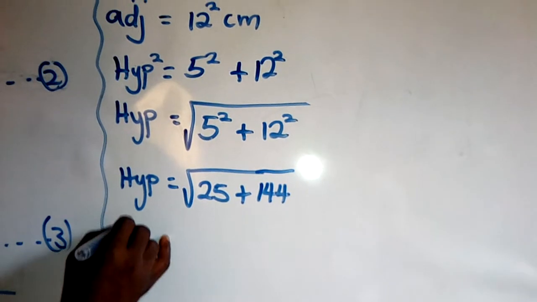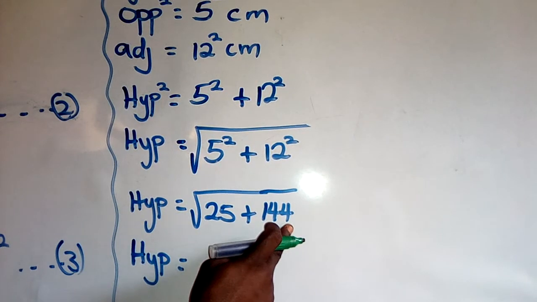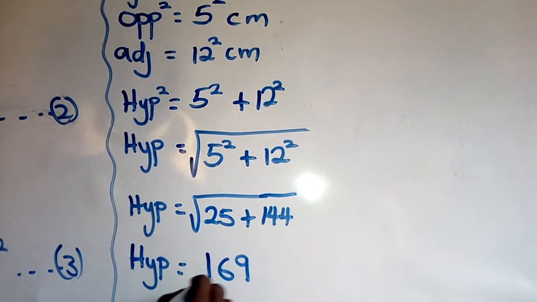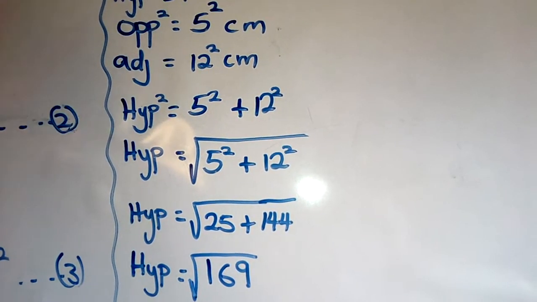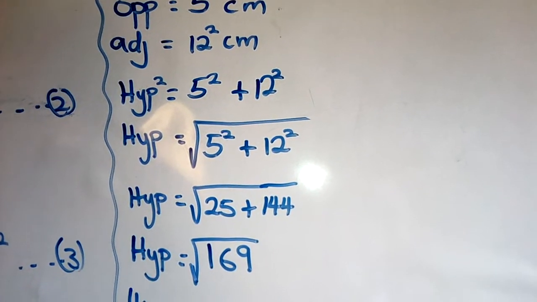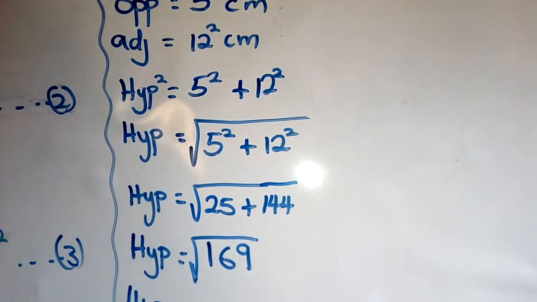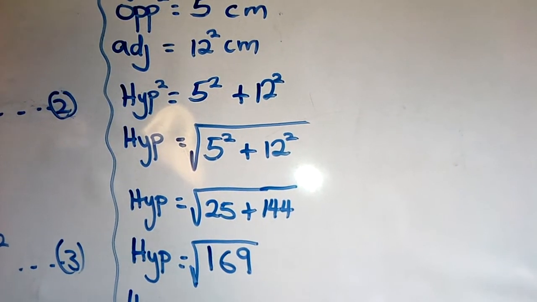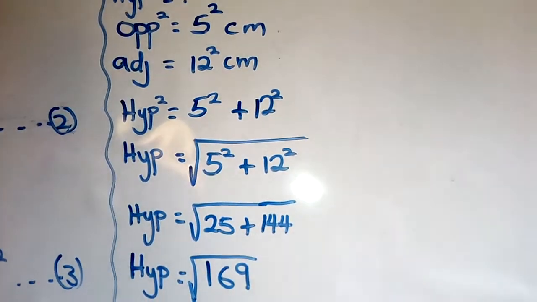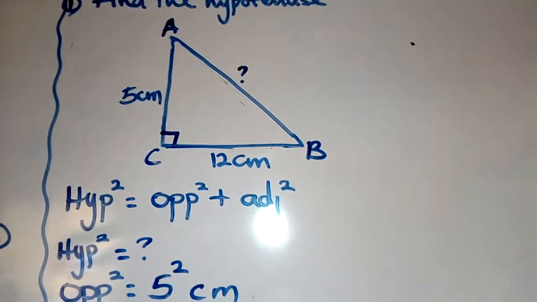So your hypotenuse will now be the square root of 25 plus 144, which is the square root of 169. What number will you multiply by itself that will give you 169? That is 13. So your hypotenuse is 13 centimeters.